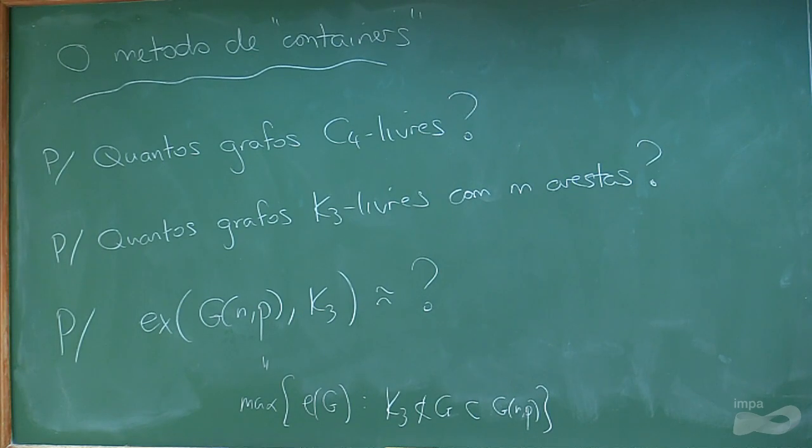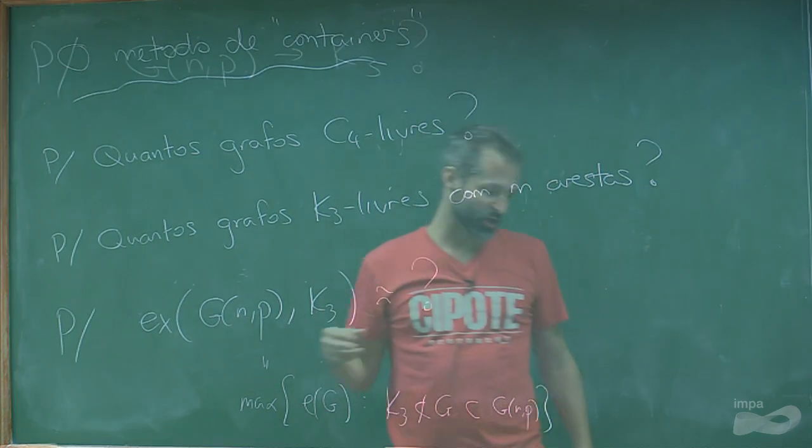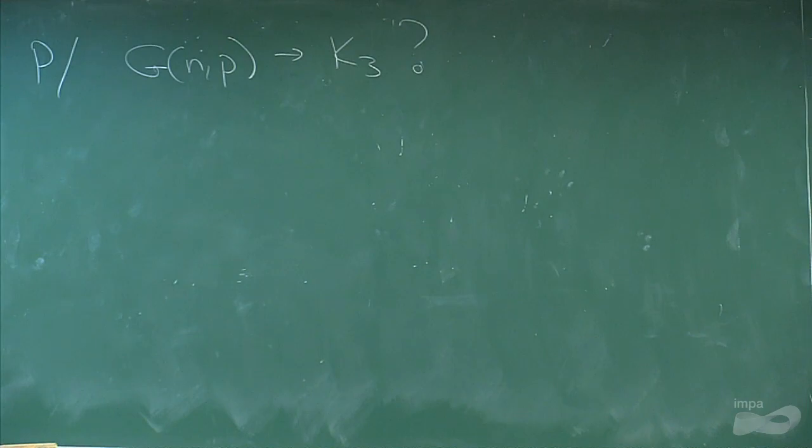The arrow notation is from Ramsey theory. It says, suppose you take G(n,p) and you two-color the edges, red and blue. Do you necessarily get a monochromatic triangle?